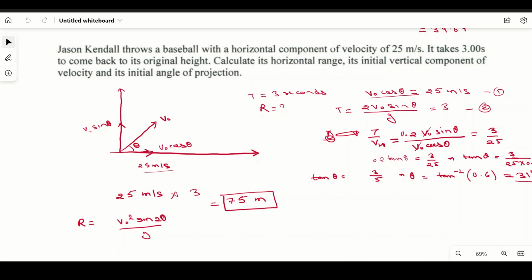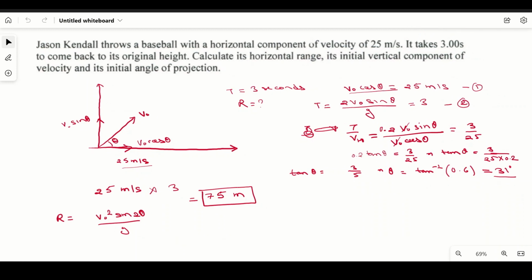Now that we have found theta, we can find V naught from equation 1. V naught cos 31 is equal to 25.